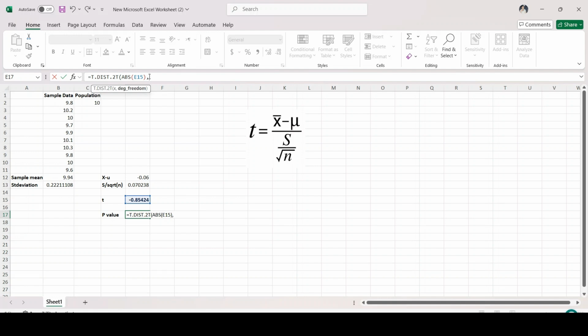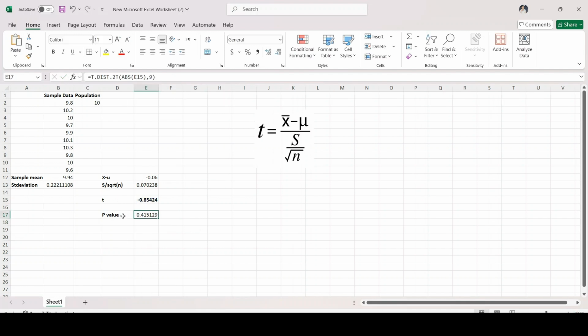Degree of freedom is always n minus 1. The n is total 10 and degree of freedom will be 9, right? So then we will click. So this is the p value for the two tail test, right? P value for two tail, right? I have mentioned just two.